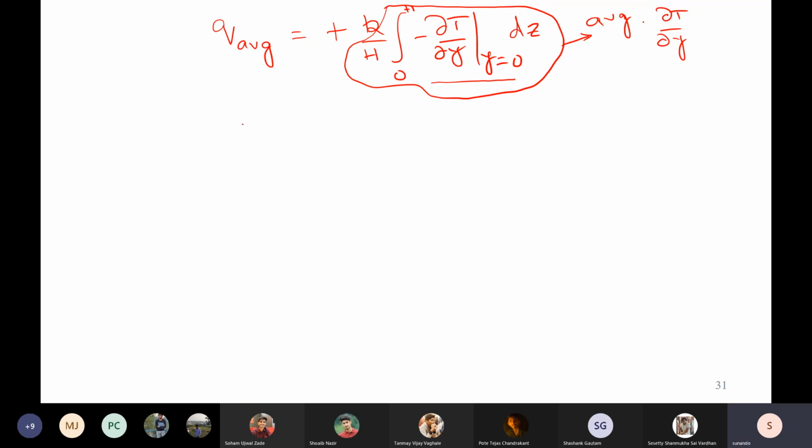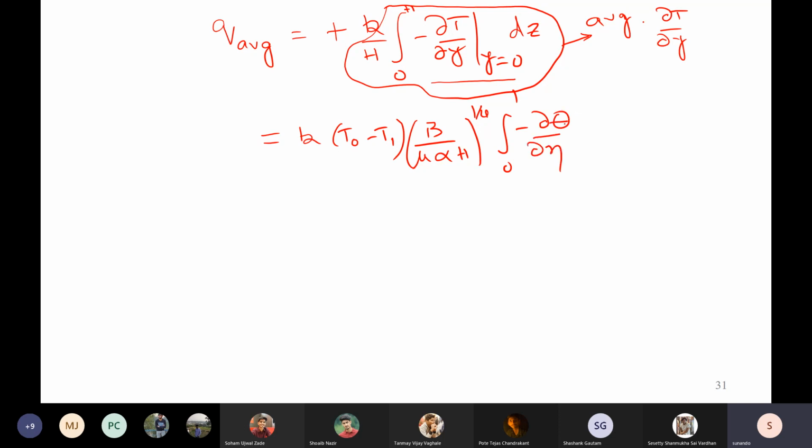So once I non-dimensionalize this, and this part I will let you see from your textbook, it comes to be K (T0 minus T1) (B by mu alpha h) to the power 1/4, integral from 0 to 1 of minus del theta by del eta, which is the y direction.